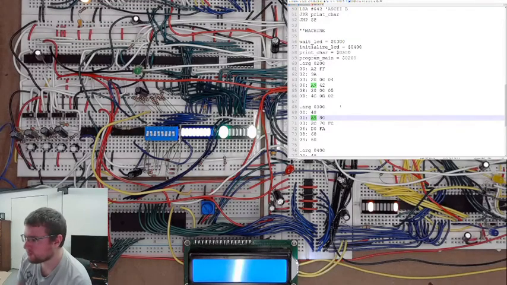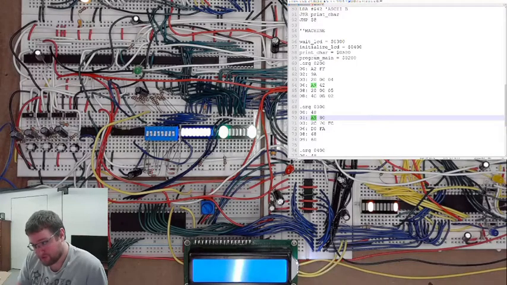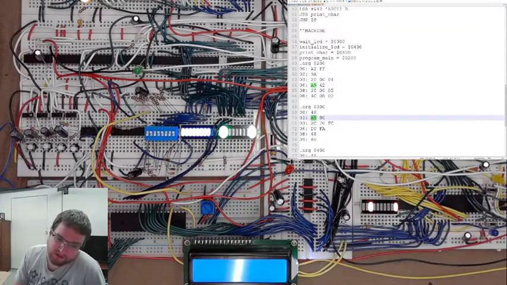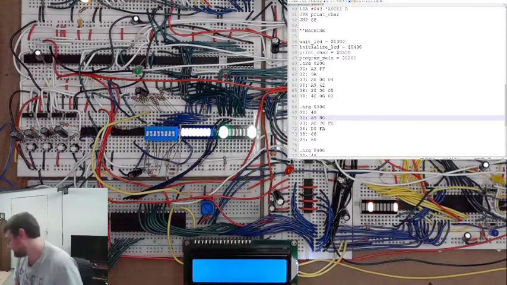I think the code just randomly wrote to random places. It doesn't act as if it was some sweeping write thing. It just seems like it's random positions that it's written to. And it could be hardware. It could have been me accidentally leaving ROM on at some point. I don't think it was.